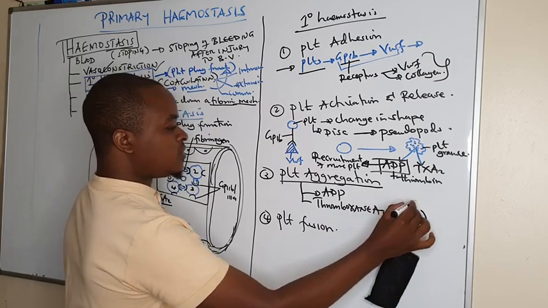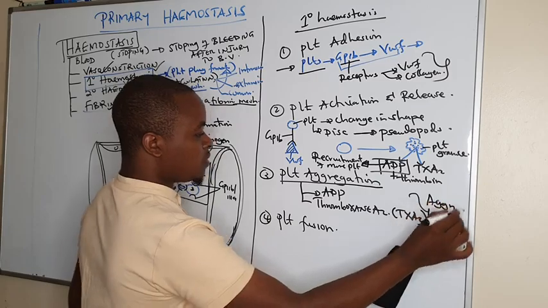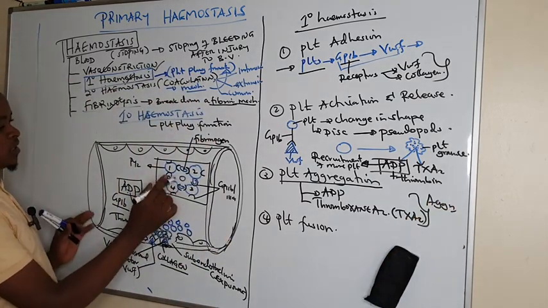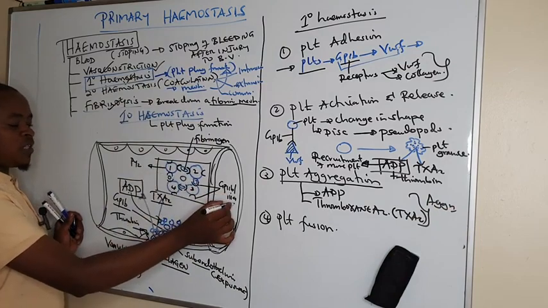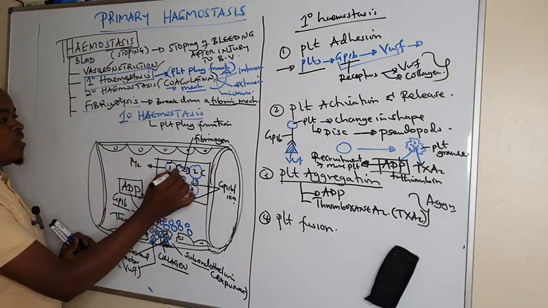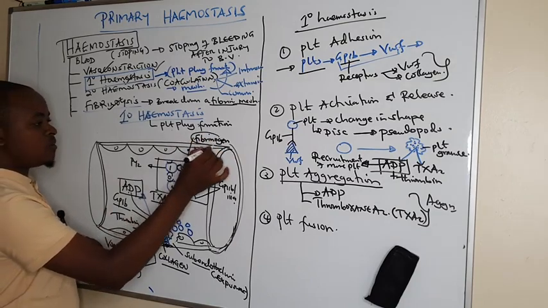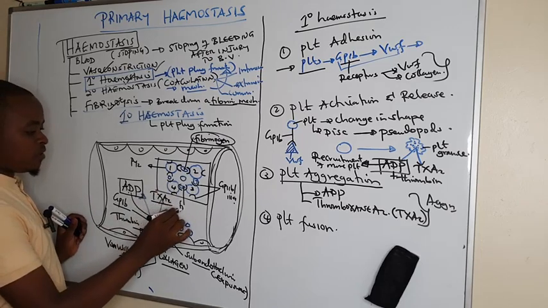So these are the guys that are responsible for platelet aggregation by causing the expression of the glycoprotein 2B/3A receptors on the surface of platelets, hence binding to each other using fibrinogen. So this is also another fibrinogen.